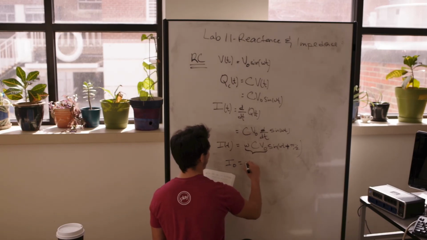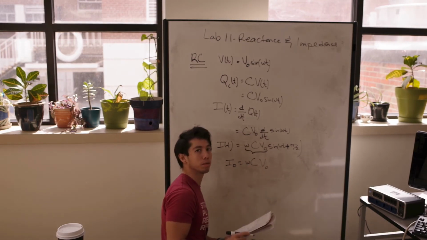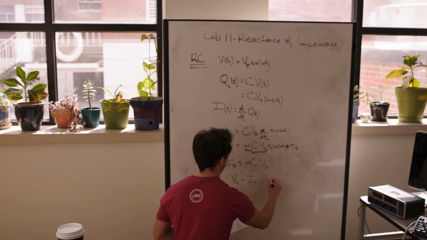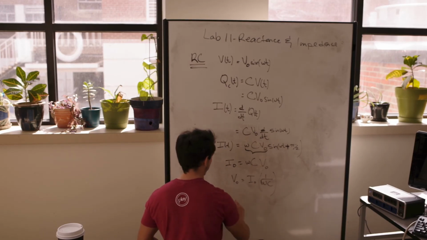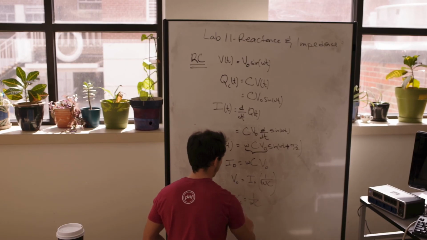So I0 equals omega C V0. Then we can write this in terms of the AC Ohm's law. V equals IR, so V0 equals I0 times, where the omega C comes to the other side. And since V equals I chi, this tells us that chi sub C equals 1 over omega C.